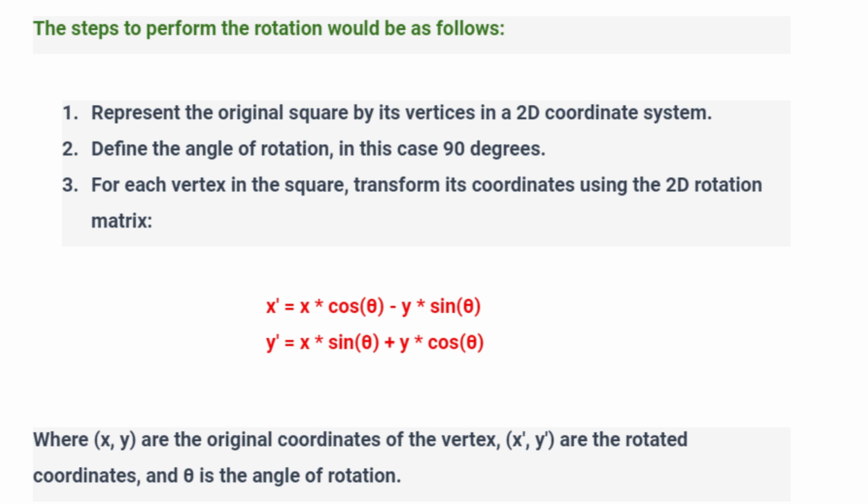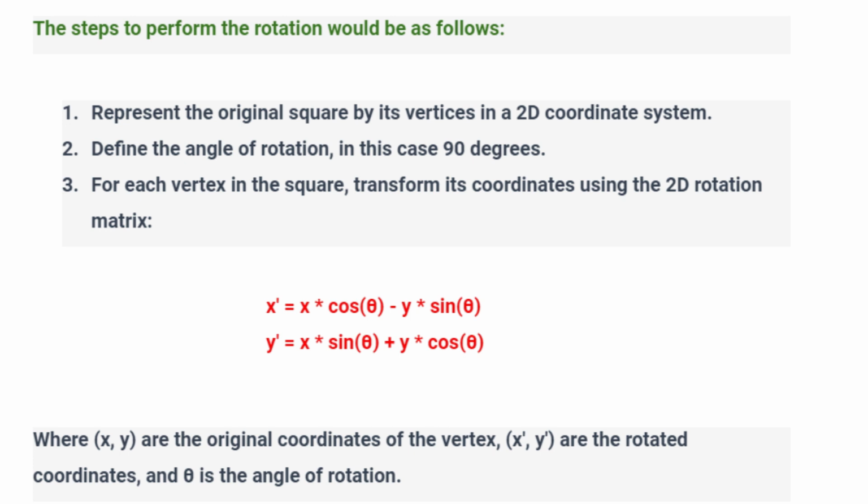Represent the original square by its vertices in a 2D coordinate system. Define the angle of rotation, in this case 90 degrees. For each vertex in the square, transform its coordinates using the 2D rotation matrix.